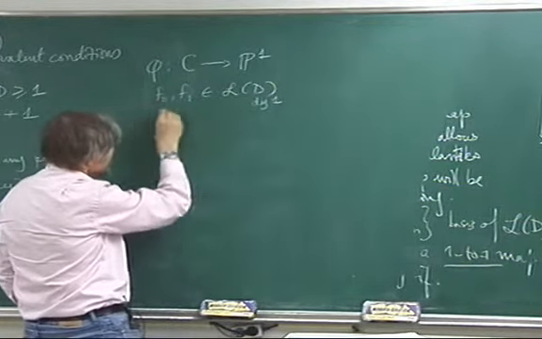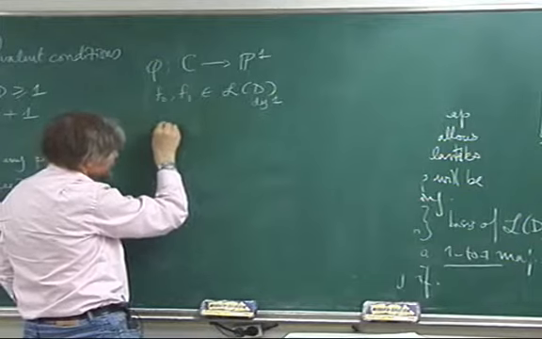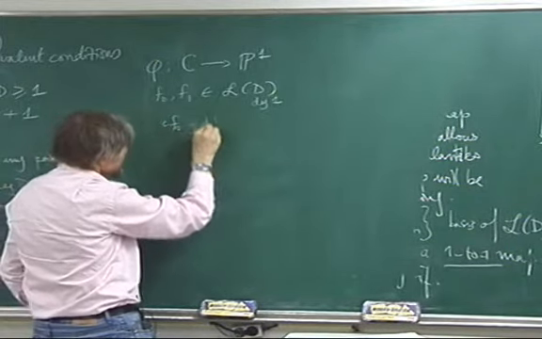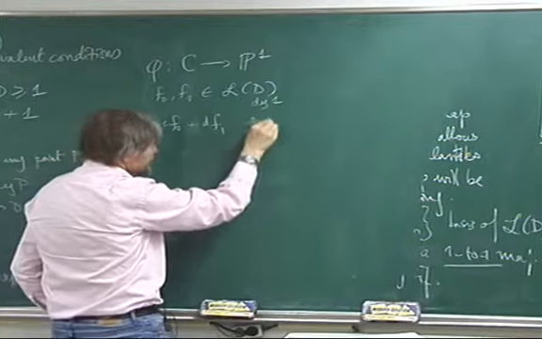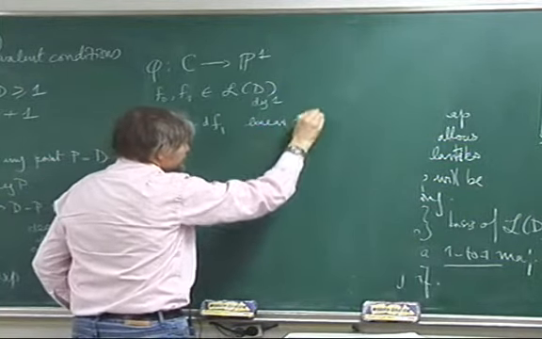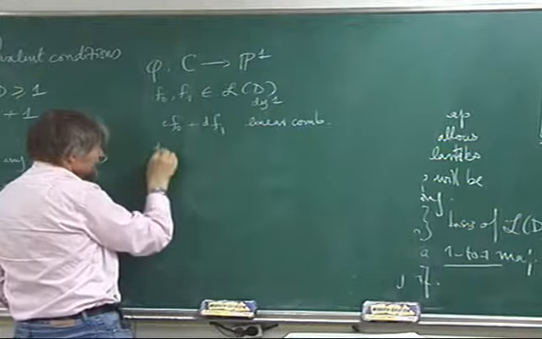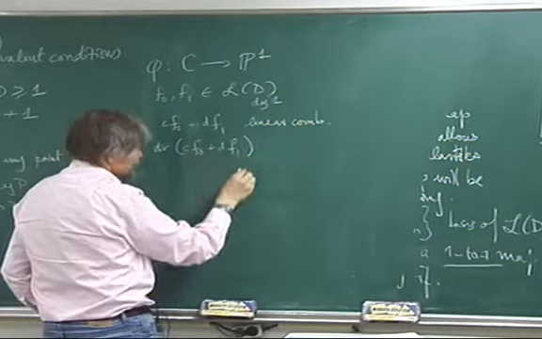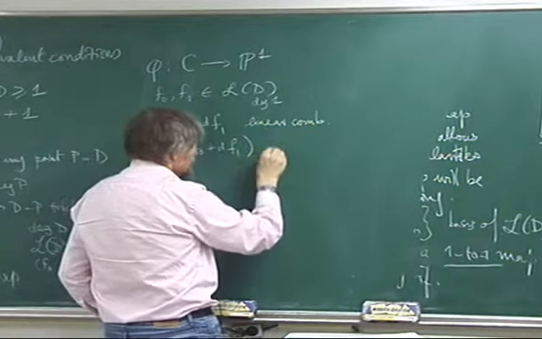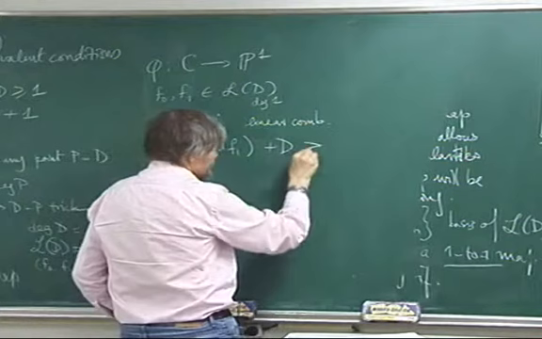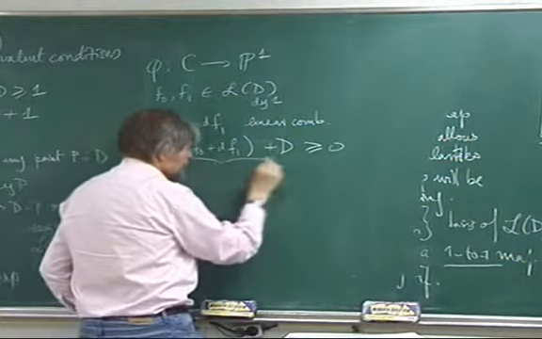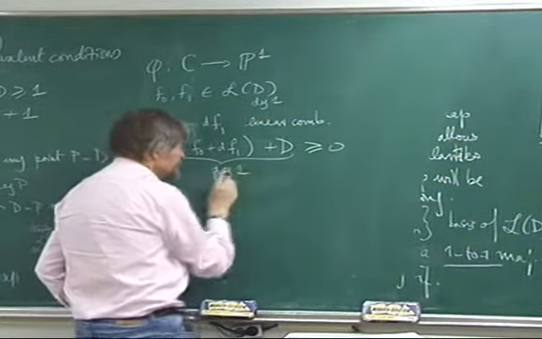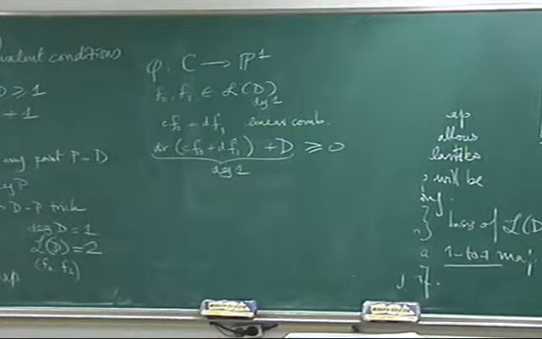So if I take, for example, a linear combination C f0 plus D f1, then this has a divisor, div of C f0 plus D f1, and this divisor plus D is greater than or equal to 0. But this whole thing is degree 1. So it's a divisor of degree 1, and also it's effective, and therefore it's a point.